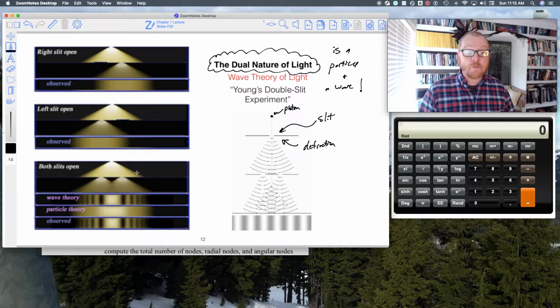But now if both slits are open simultaneously, then you start to see the manifestation of light as a wave. In other words, it interferes with itself.